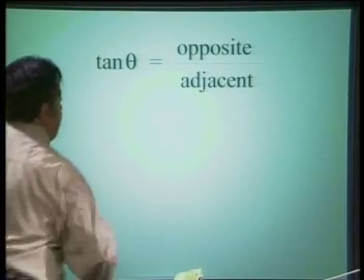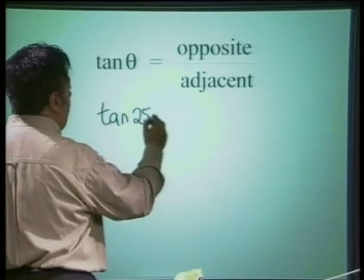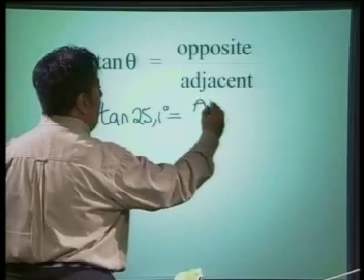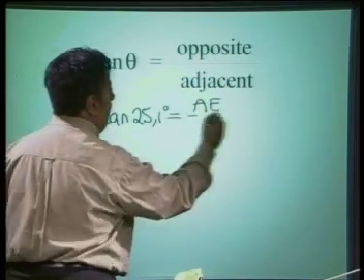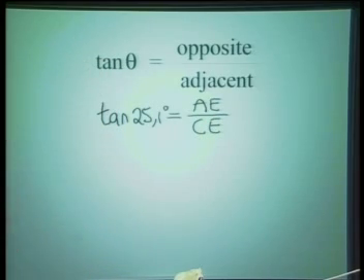So, using the tan ratio, we get tan 25,1 degrees is equal to AE, the opposite side, divided by the adjacent side, which is CE.